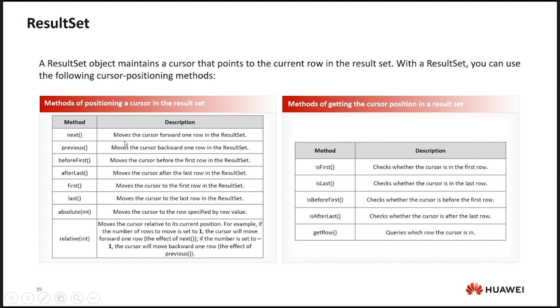So next means move the cursor forward one row in a result set. Previous means move back one row in the result set, and the others are the same. It's easy to understand from the names. And this one, isFirst, means check if the cursor is in the first row, and isLast checks whether the cursor is in the last row, etc. And this one returns which row the cursor is in.